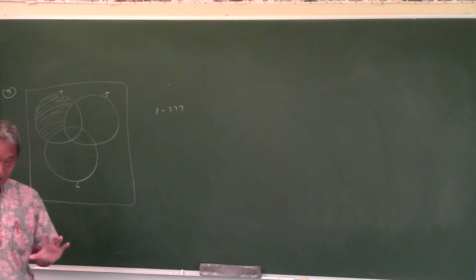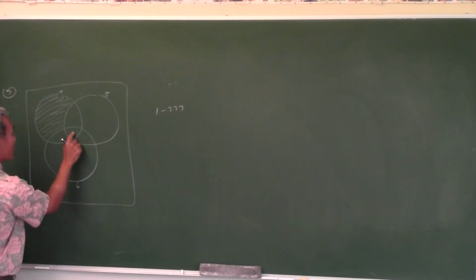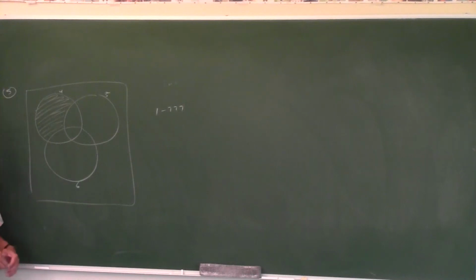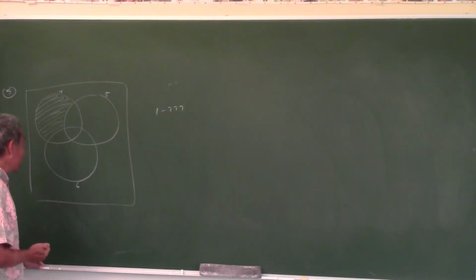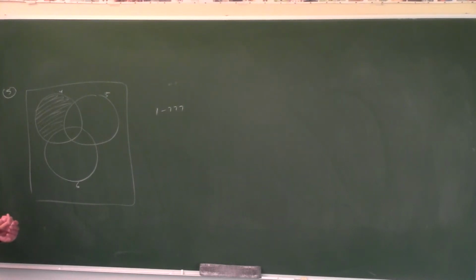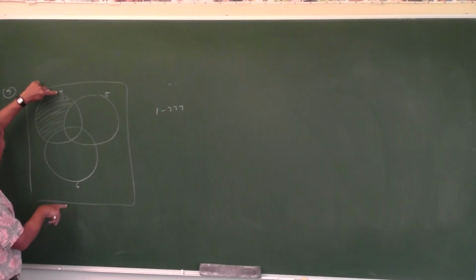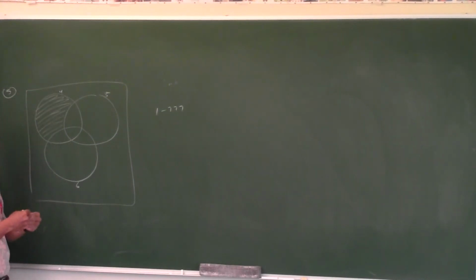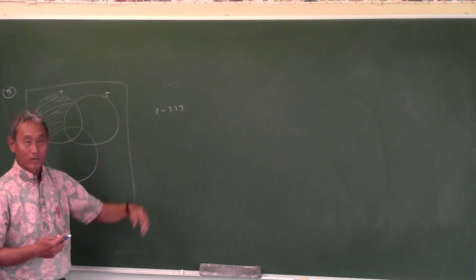Now, just like with all Venn diagram problems, you want to figure out this middle one first. Always do that. So, basically, how many numbers are multiples of 4, 5, and 6? Well, if a number is a multiple of both 4 and 6, that means it's a multiple of 12, right? And then if it's going to be a multiple of 5, that means it has to be a multiple of 60. So how many multiples of 60 are there from 1 to 777?